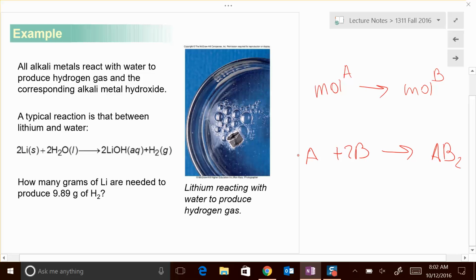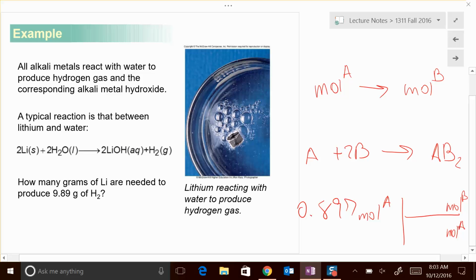So you have a balanced chemical equation. It has coefficients, and you want to convert the moles of A to the moles of B. Whatever amount of A you're starting with, say 0.897 moles of A, I can convert that to moles of B using the balanced chemical equation.